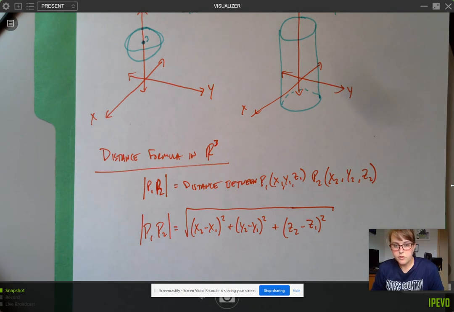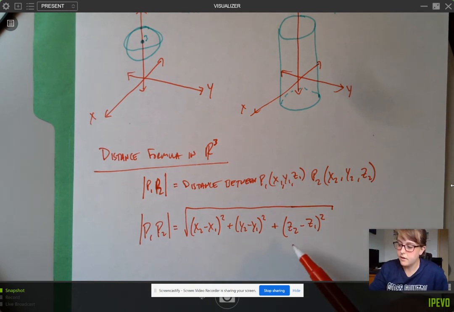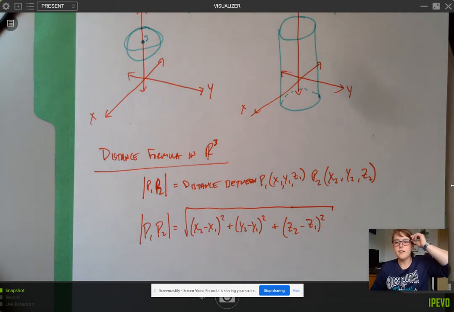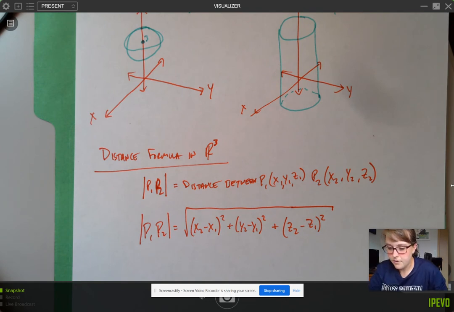Okay, so it's not overall all that different than the two-dimensional distance formula. In fact, you're just sticking an extra term in there, (z2 minus z1) squared. I'm not going to go over too many examples there, just because hopefully we know how to use the distance formula at this point, since we are in Calc BC here. And this isn't all that different than the two-dimensional one, like we've said.